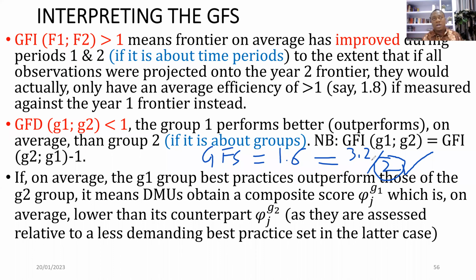Or even let's not talk about it being efficient. When you are closer to 1, you are seen as closer to 1 rather than not closer to 1.